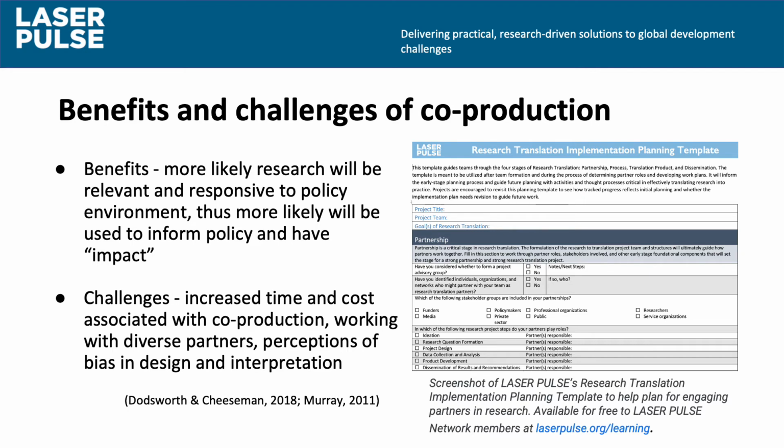It is important for researchers to carefully plan for working with policy stakeholders in the research process, including clearly identifying partner roles and expectations and shared work plans throughout the design, implementation, and dissemination phases of research.